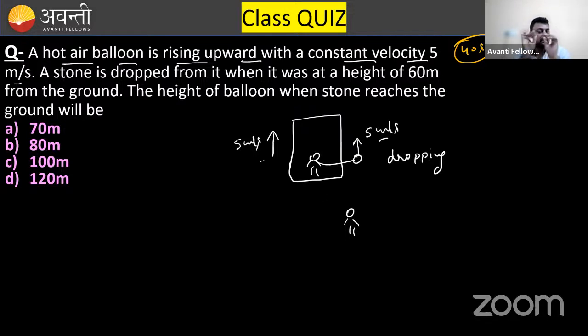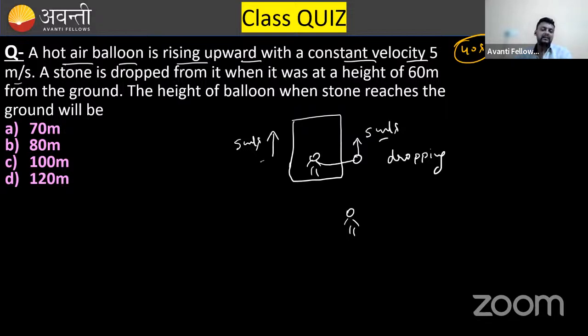Just listen to my words. When I am holding it, this stone will have the same velocity as the elevator or the lift. So at the time you drop this stone, it will have the same velocity as the lift or the hot air balloon.